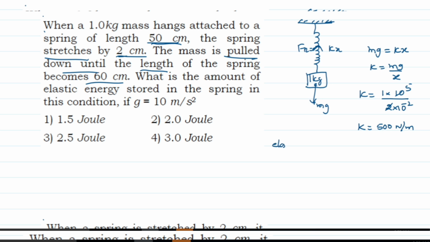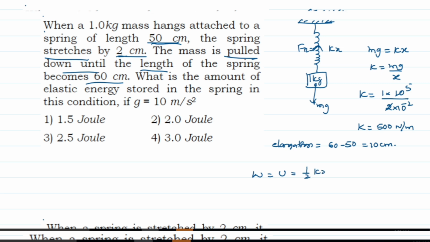The elongation in the spring is from 50 to 60, means 60 minus 50, you will get 10 centimeter elongation. So whatever work you are doing, that work done can be stored in the form of the elastic potential energy of the spring.